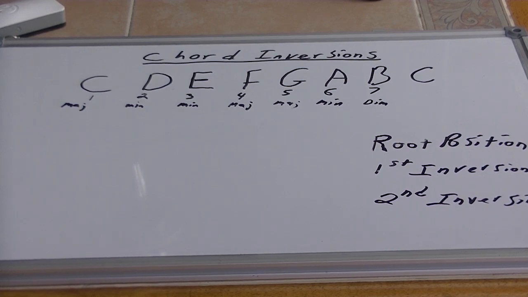We learned fingerings where our root notes were on the B string and where our root notes were on the E string. And then finally we went to our root notes being on the G string. Well, these different chord fingerings that we've been using are chord inversions.